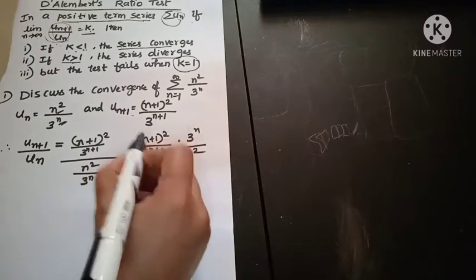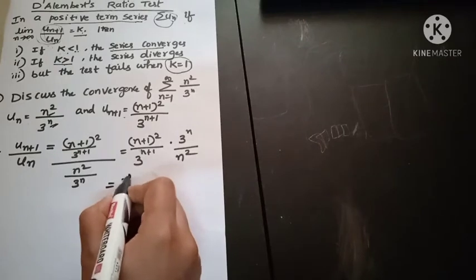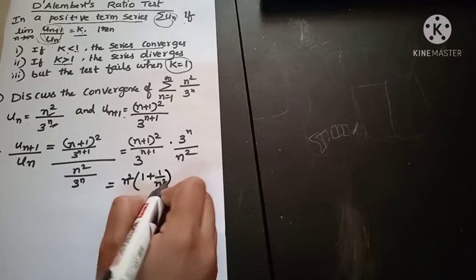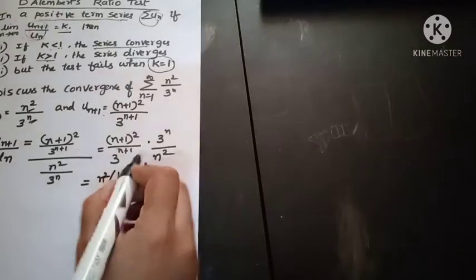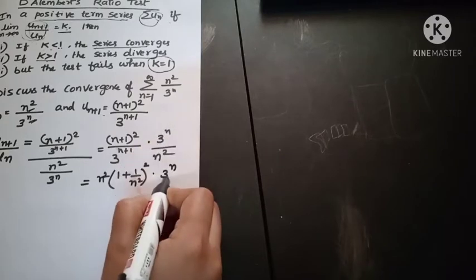In this, if I take n square as a common factor outside, we get 1 plus 1 over n, whole square, into 3 to the power of n.